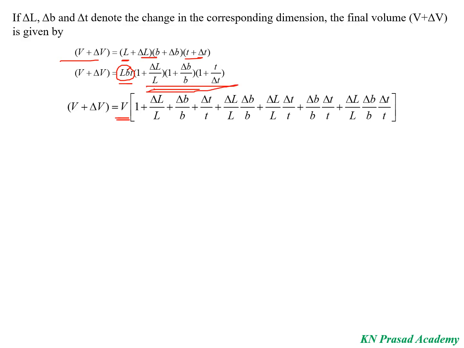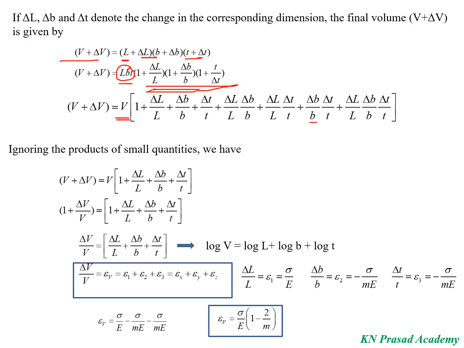This product will give the expression 1 plus delta L by L plus delta B by B plus delta T by T plus delta L by L into delta B by B plus delta L by L into delta T by T plus delta B by B into delta T by T plus delta L by L into delta B by B into delta T by T. Here we are neglecting the products of small quantities.